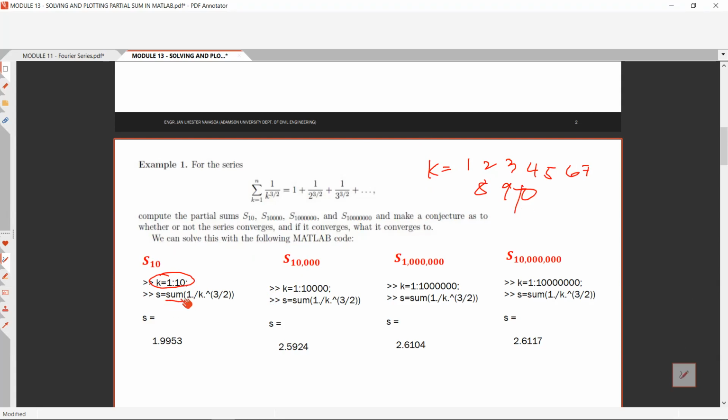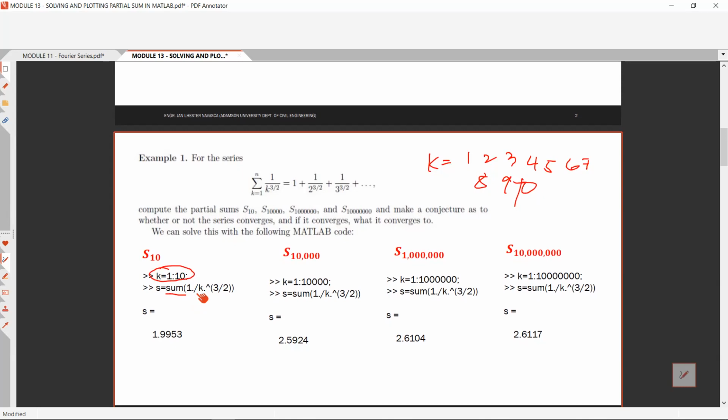Then you use the sum of 1 over k raised to 3 halves, or your a sub k, which will give you the partial sum. Take note, this is element wise, so we need to introduce the dot. When we do element wise, there is a dot. Okay, so let's try.